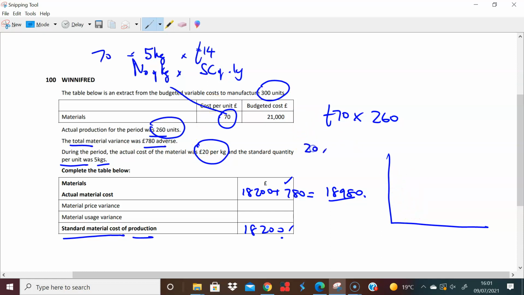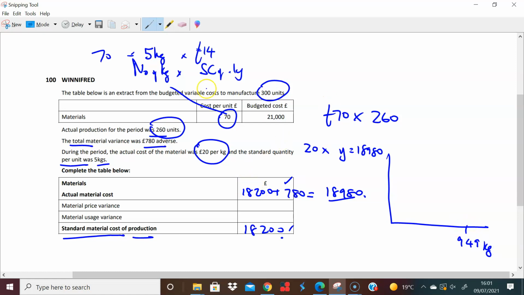So you must have bought 20 times a certain number of kilograms, I'll call that Y, to get 18,980, because you actually spent 18,980 on kilograms that cost £20 a kilogram. So the question here is, how many kilograms did you buy? So 18,980 divided by 20, and you have 949. So you bought 949 kilograms. That's what you actually did.